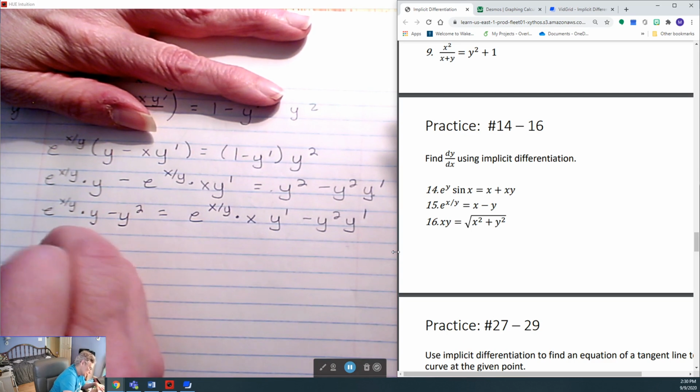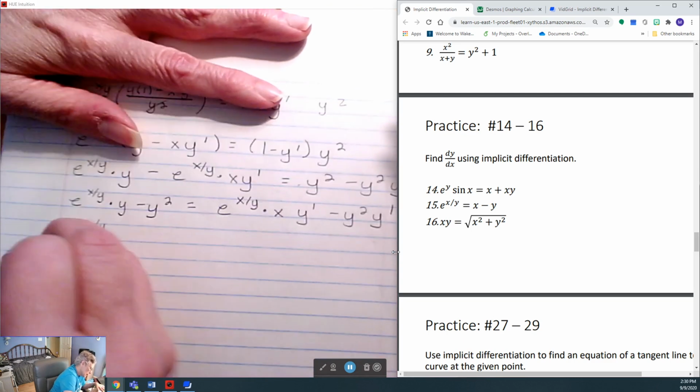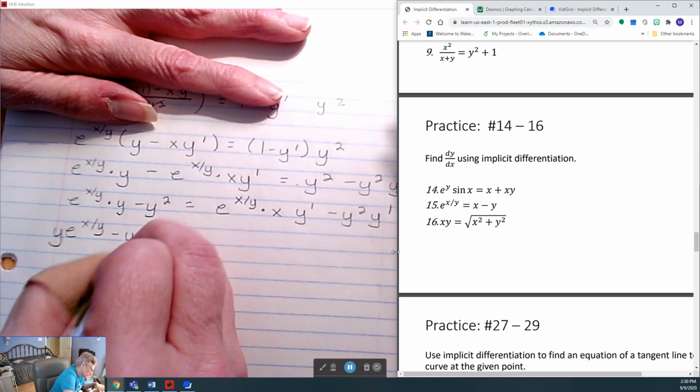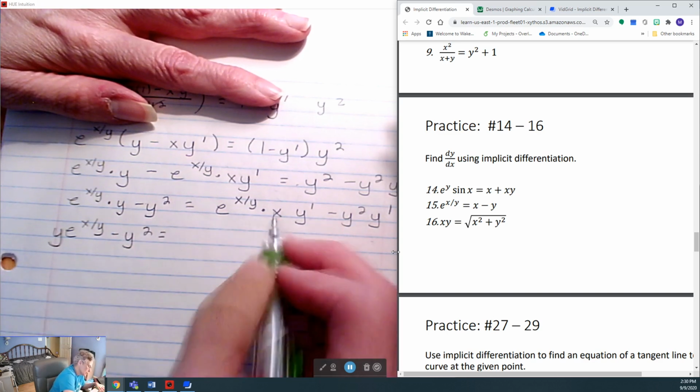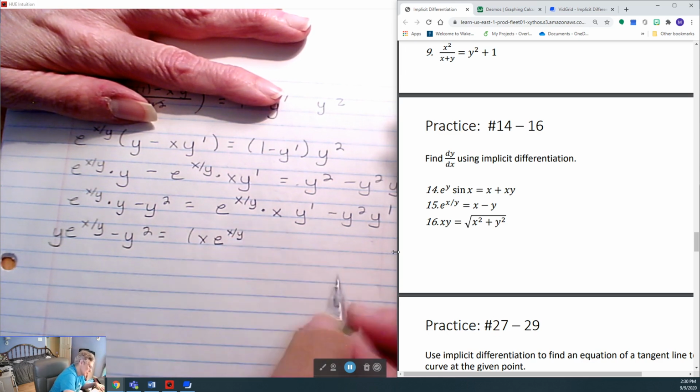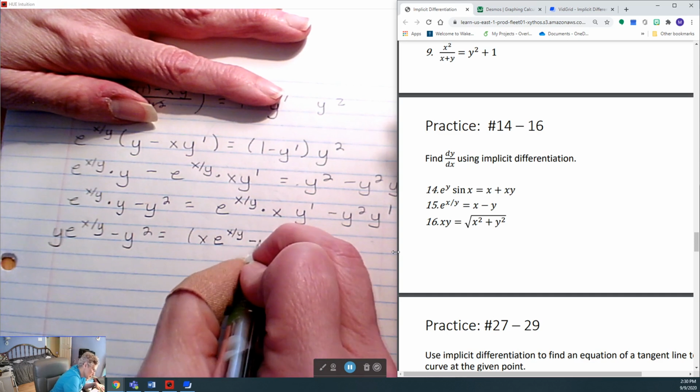Factor. Nothing happens over here. I would usually write this as y times e to the x. And I would usually write this as x times e to the x over y.